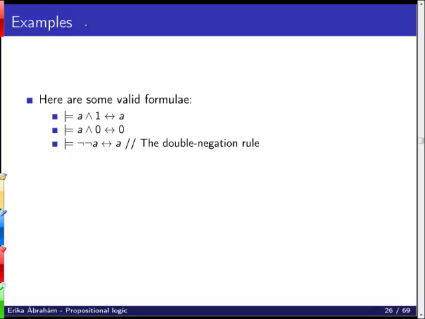Maybe A and A is similar to A. Yeah, that's also good. So by simplification, A and A if and only if A. Some others?